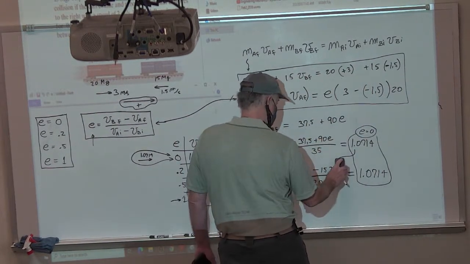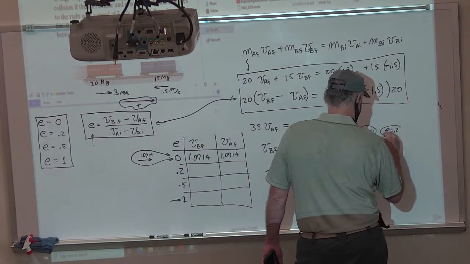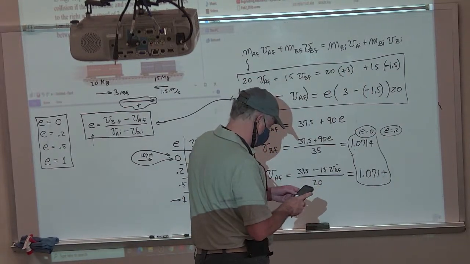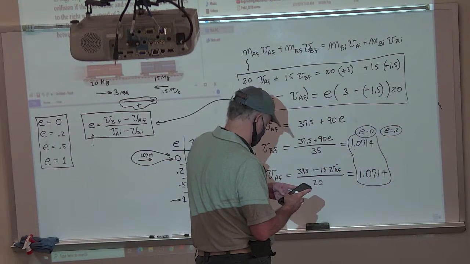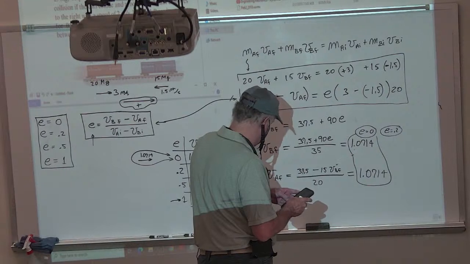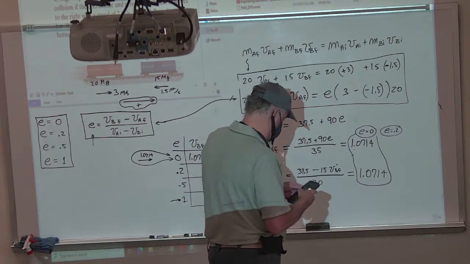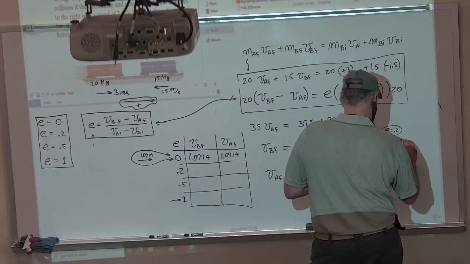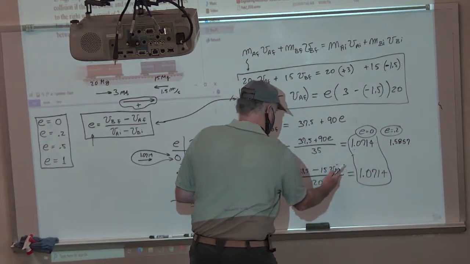Now, let's go ahead and put in E equal to 0.2. You don't see much difference, but let's just go through this. Okay, hang on. 0.2 times 90 plus 37.5 divided by 35 gives you 1.5857. Now I'm going to take that number, put right in here.